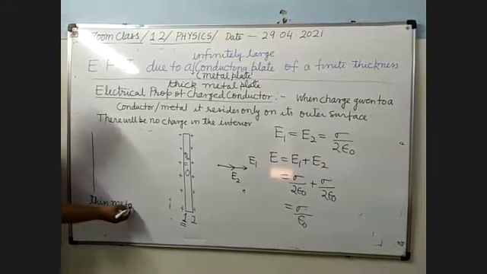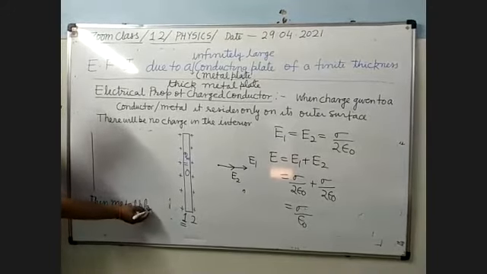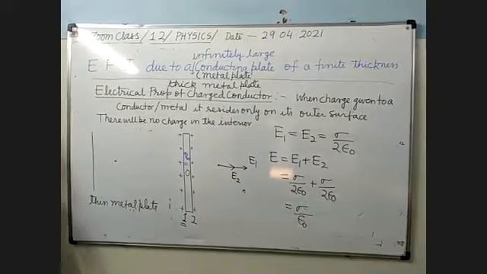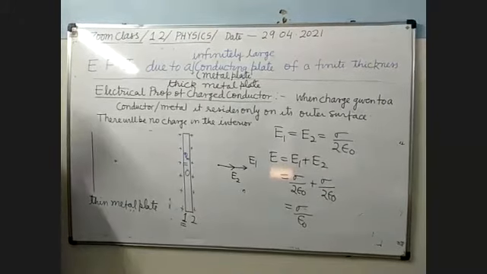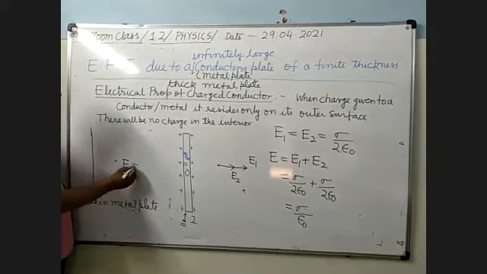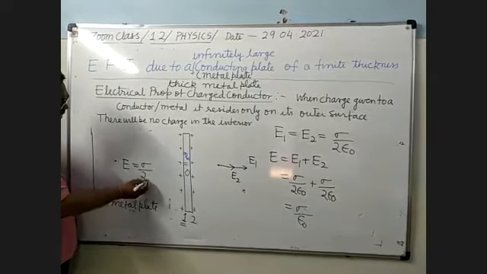This is the metal plate, but thin metal plate. Then what will be the electric intensity because of it? Who can tell? Electric intensity because of it, it will be equal to what? कौन बताएगा? It will be simply sigma upon 2 epsilon naught.